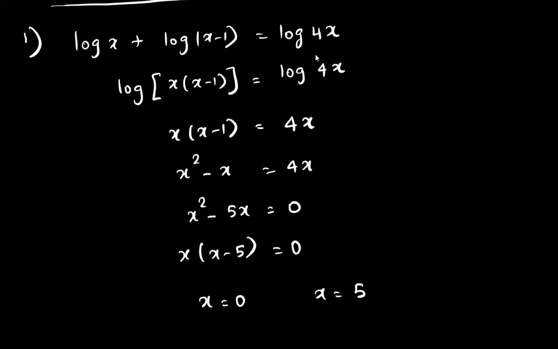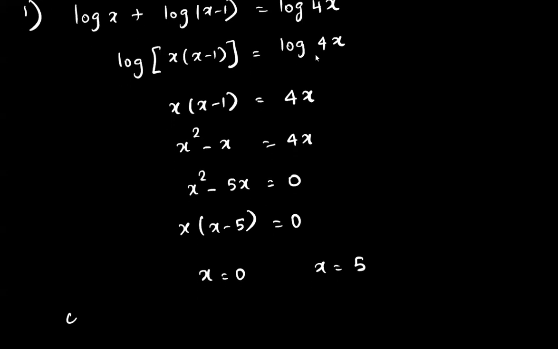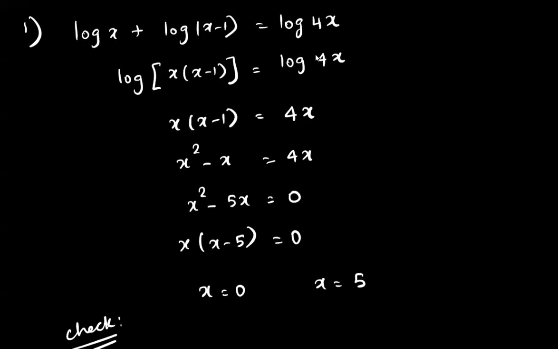It is very important, it is a must, that you check your answers, okay? Because not all solutions are going to be acceptable. So if x is 0, what happens? Your first expression, log x, is immediately invalidated, right? Because you cannot have a log 0, and neither can you have a log negative 1 for that matter.